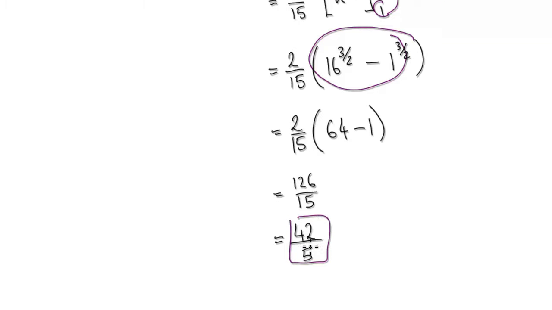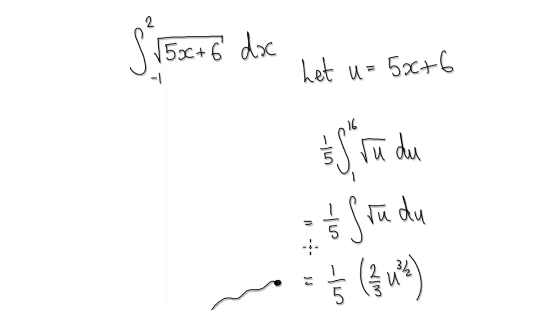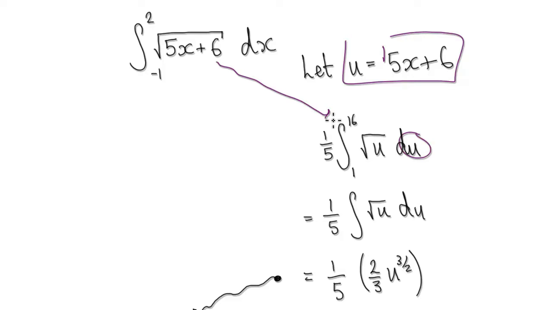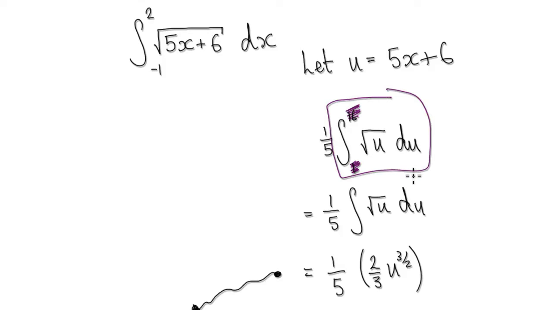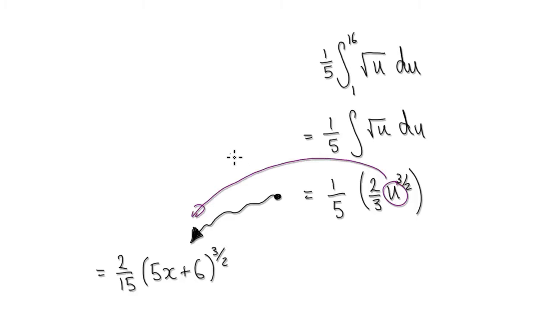I want to illustrate something to you, so bear with me. That's your final answer, by the way, but I want to illustrate something. Once you've made this substitution, you're entering the du world. Rather than converting the limits to 1 to 16, concentrate on just integrating this, and once you've got your answer, convert the u back into the x world.